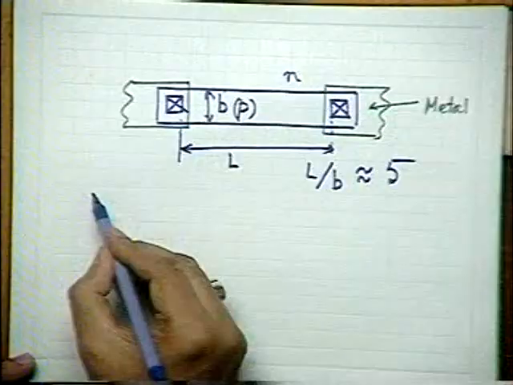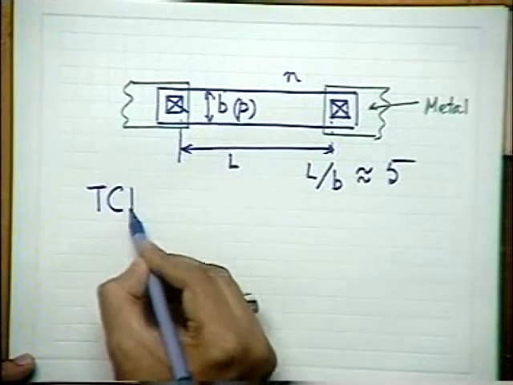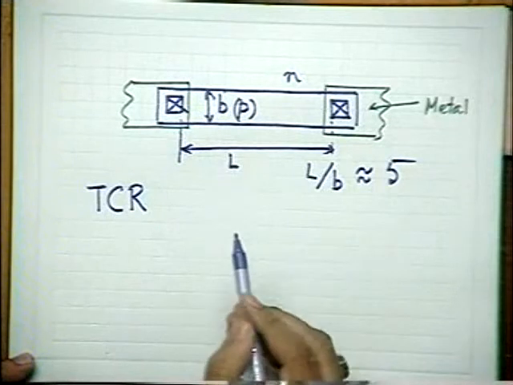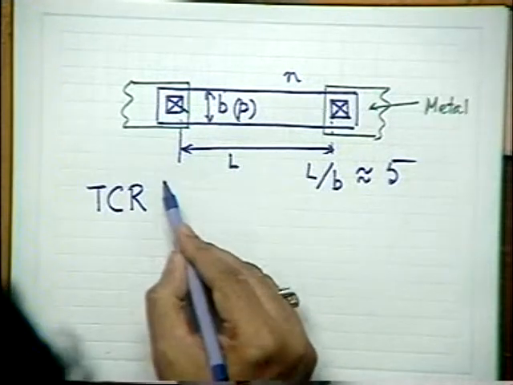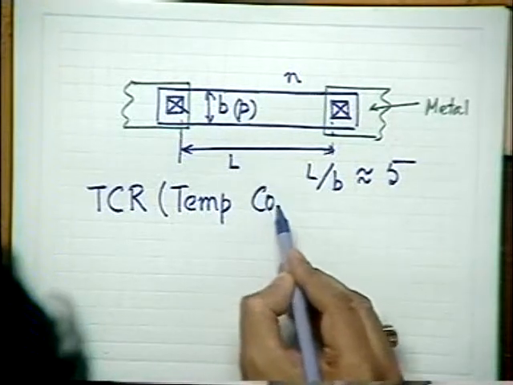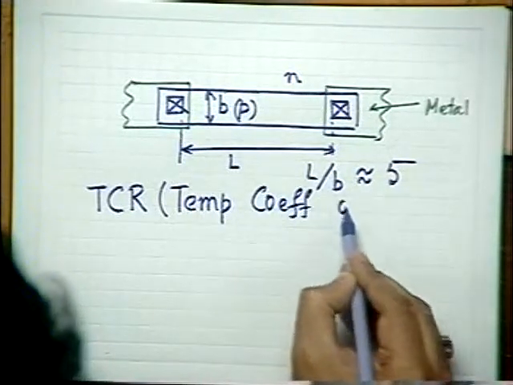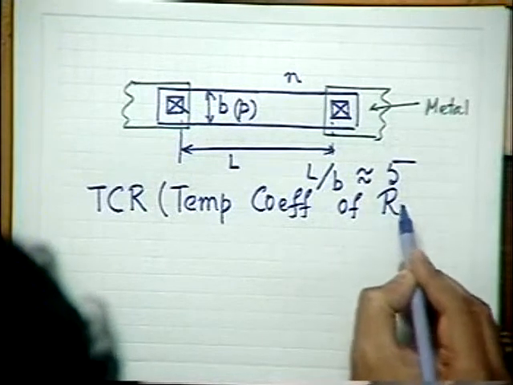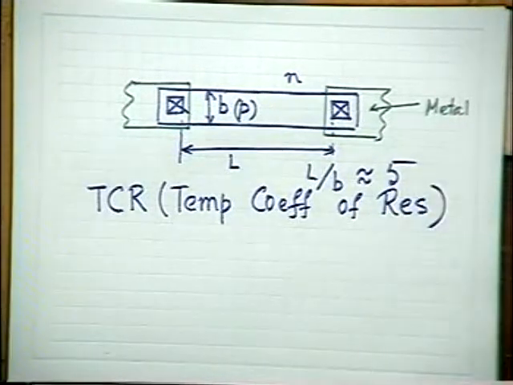One is the distributed capacitance around it. Second is the temperature sensitivity, TCR, temperature coefficient of resistance.